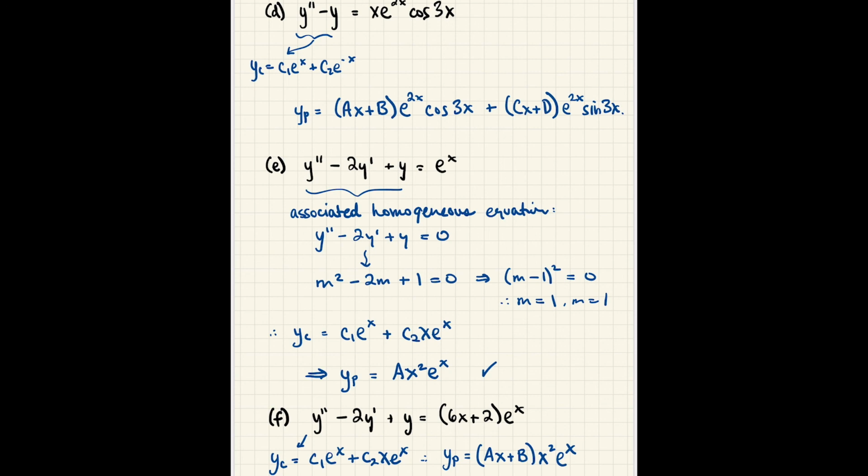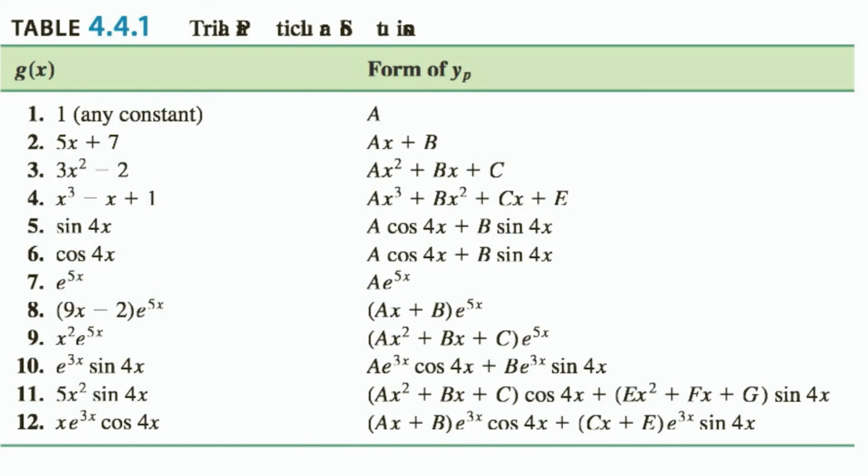If you look back at the table, you'll see that it only consists of that particular type of function. And why is that? Because those are the functions that, when taking the derivative of them, they don't leave their little ecosystem, right? So polynomials will go down to polynomials when you take their derivative. Exponential functions will stay as exponential functions, and sine and cosine will go back and forth between each other without changing the power.